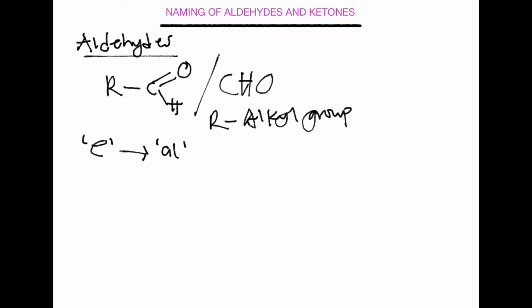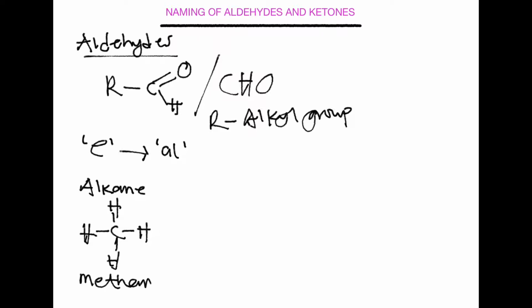For example, when we have an alkane, which is, let's say, methane, this is methane. What will be the corresponding aldehyde? For an aldehyde, let's always remember there's a double bond O attached to the carbon, and then we also have a hydrogen here.